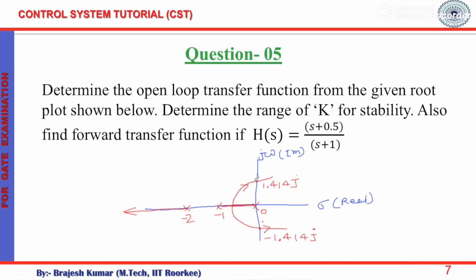So you have to find the value of K such that the system will remain on this side only, right? Also find the forward path transfer function if H(s) is equal to this one. Forward path transfer function means what? G(s). You have to find the value of G(s) also. Clear? So attempt this question. You will see the solution in the next part.